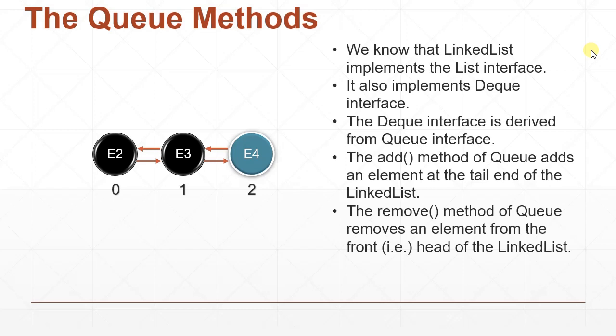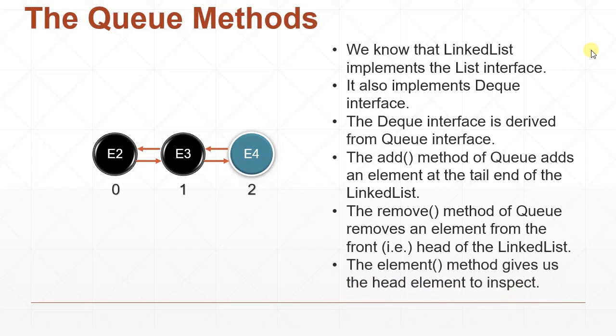Now when we make a call to the element method of the queue interface, it doesn't actually remove the element, it retrieves the element from the head. Here the head element is E2, so the E2 element is what is returned to the caller. If you see, the element retrieved is E2, but it is not removed from the queue.